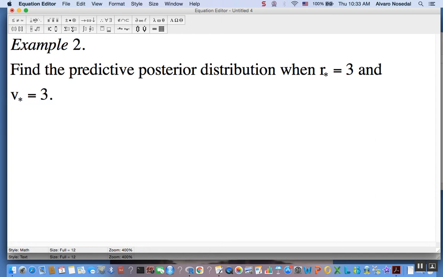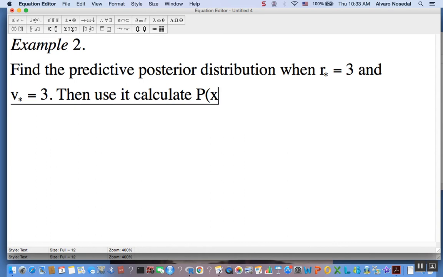Okay, and just like before, once you have it, I would like you to use it to find a probability. Find it, then use it to calculate the same probability as before. The probability that x, future observation x, right, just 1, is less than or equal to 2, given again your sample of size n.